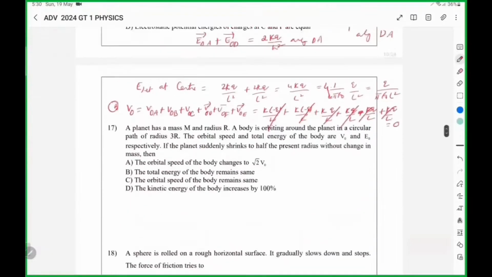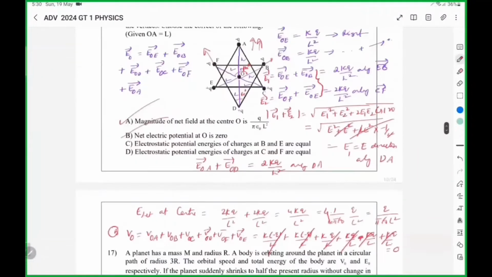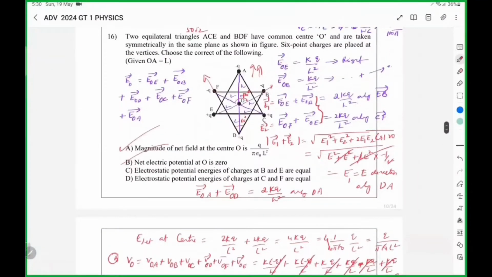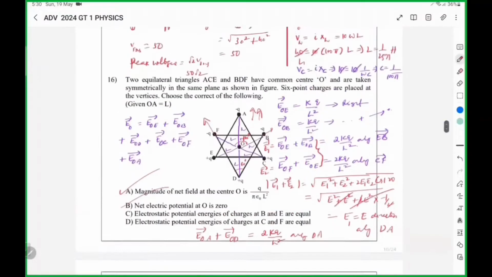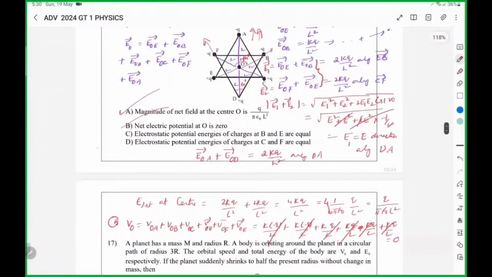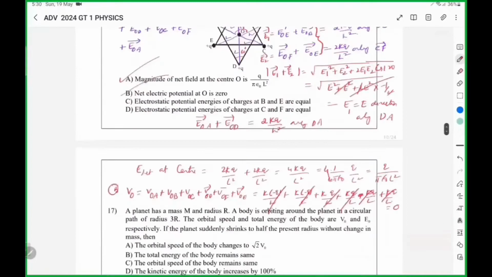And here about the third option, the electrostatic potential energies at B and E. So here no space. Okay, I'll use this space right now.